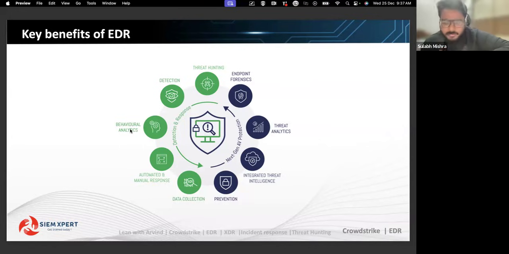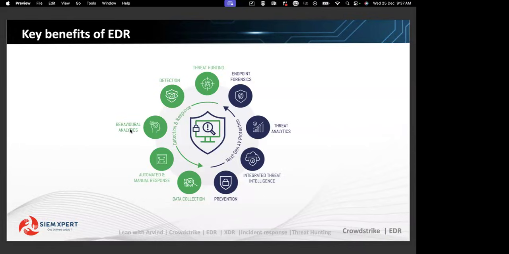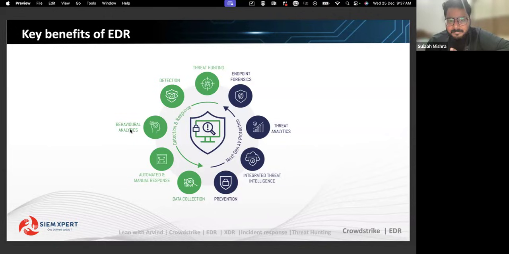Okay, if I understand your question correctly, you already have next-gen antivirus in your organization. Why do we need to use an EDR additionally? Is it vice versa? No, if I understand your question correctly, if you already have a next-gen antivirus, why do you need to purchase an EDR?